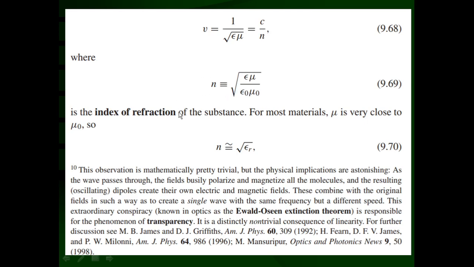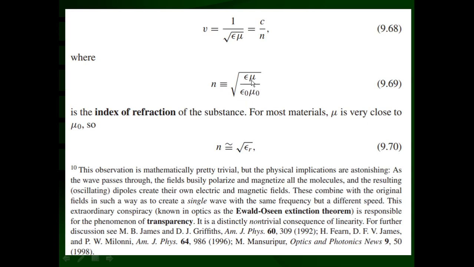Now, for most media, mu is very close to mu 0. That means the values of mu and mu 0, 4 pi into 10 raised to minus 7, are almost similar for all kinds of media, whether they are in vacuum or in a different type of medium. That value is almost equal, and hence we can say that mu is approximately equal to mu 0.